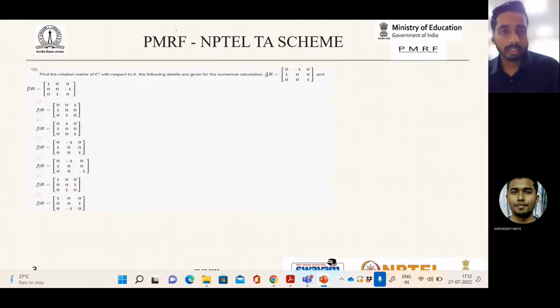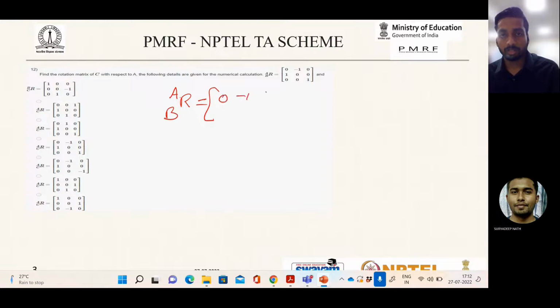Now, let us come to the second question. Find the rotation matrix of C with respect to A, where the rotation matrix of B with respect to A and of C with respect to B are given. What does that mean? Suppose you write here 0 minus 1 0, 1 0 0, 0 0 1.